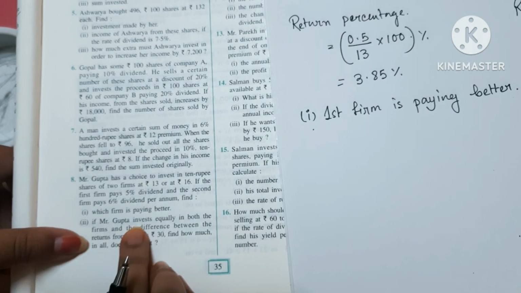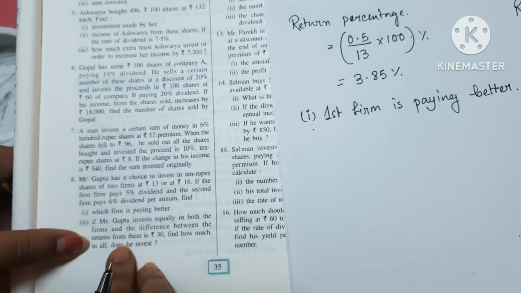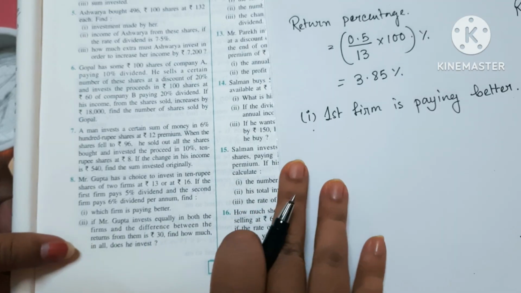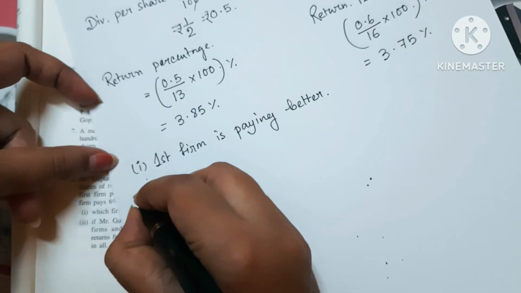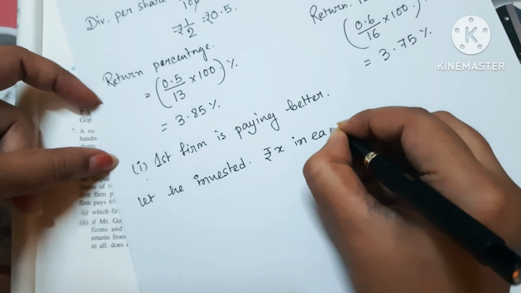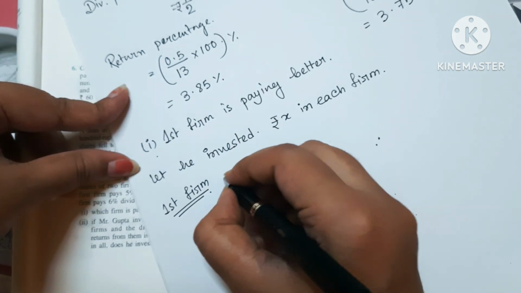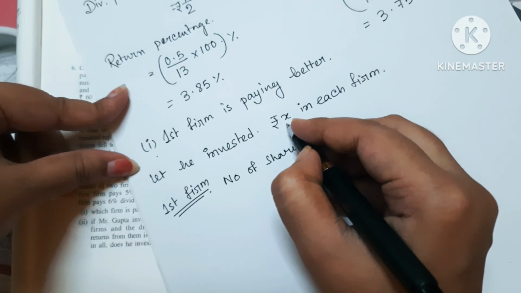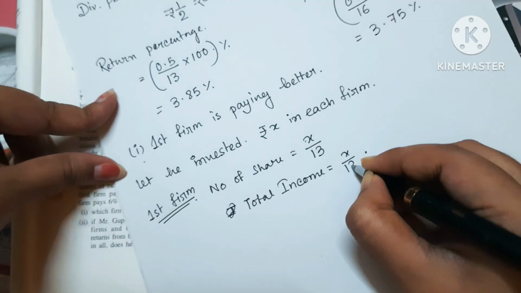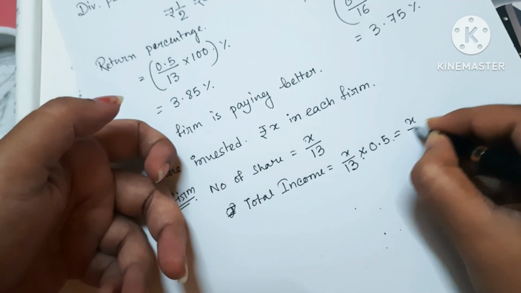Now if Mr. Gupta invests equally in both the firms, and the difference between the returns from them is 30 rupees, find how much in all does he invest. Let him invest rupees X in each firm. In the first one, number of shares is X by 13, the market value, and total income is this into 0.5 or 1 by 2, so X by 26.